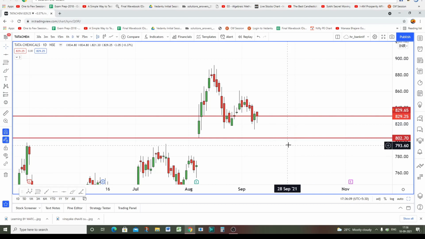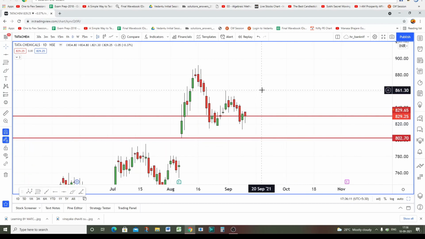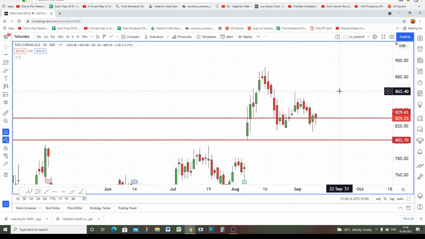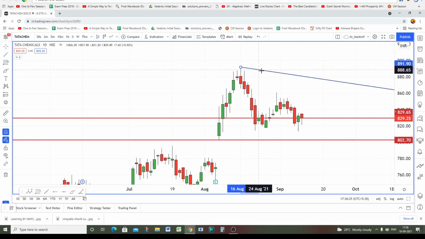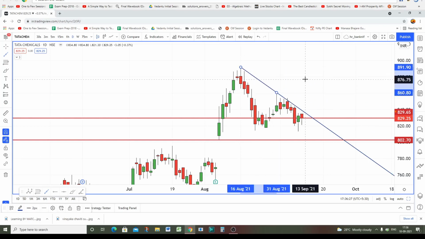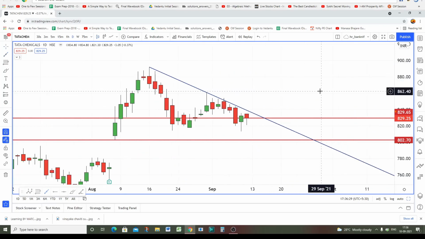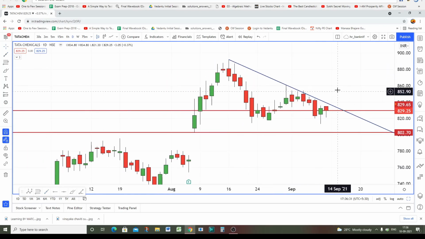This is the first point I would like to remind. Next, let us consider when this stock has a higher probability of giving a breakout. To understand it better, let me join this high to the lower high. Now it has formed one more trend line, a slanting trend line.